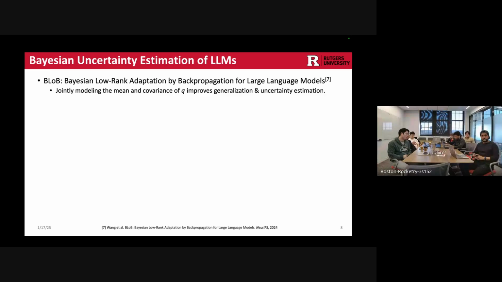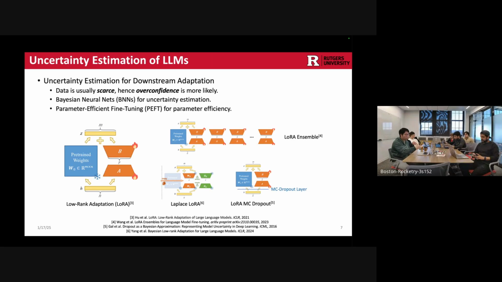So the main argument that we have in this paper is that we think that jointly... So if you take a look at the previous works, first of all, there are a couple of drawbacks of those preceding works. Like for LoRa ensemble, you need to train this LoRa multiple times, which could be really costly. For Laplace LoRa, you have an MLE estimation, and then you apply the Laplace approximation to these parameters, so it might hurt the performance because it's a post-training kind of technique.